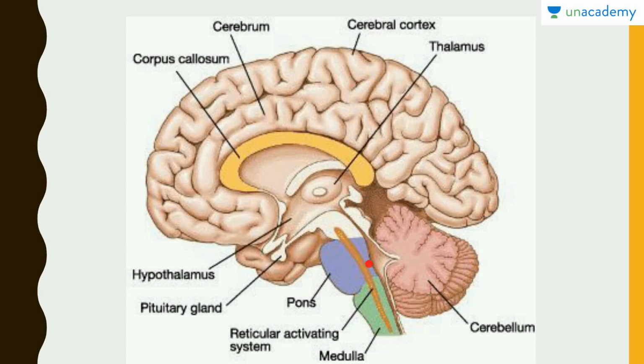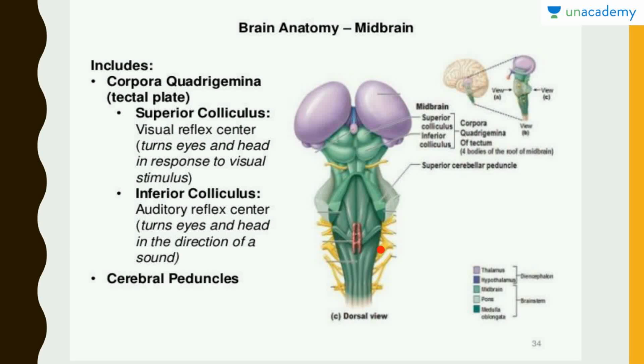We've got the pons here, we have the medulla here, and right on top we have the pituitary gland, the hypothalamus we did, and we have the thalamus right here, and in this region we have the colliculi. So going deeper into the diagram, we have the superior colliculi, if you can observe the bigger circles right here, and then we have the inferior colliculi, which are not as round as the superior colliculi.